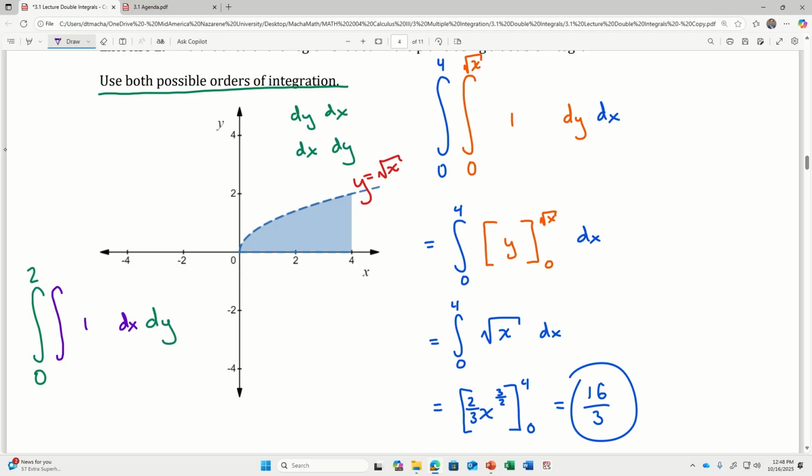Carter's thinking about the lower bound, but I'm thinking about the upper bound right now. It's a lot easier of a question. The upper bound of x should be 4. Now, what's the lower bound of my x variable?